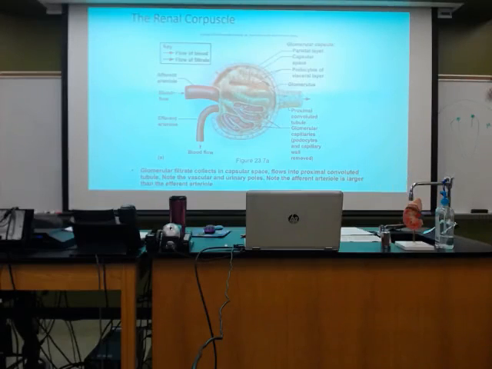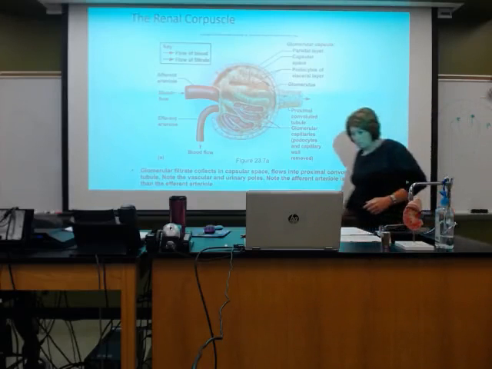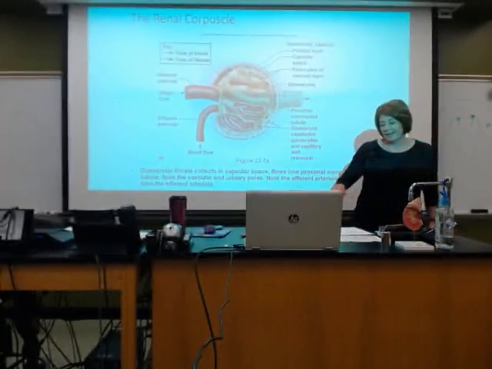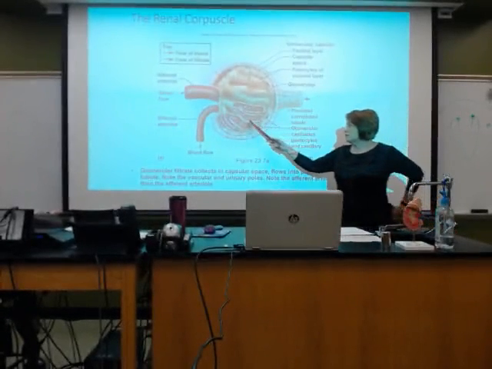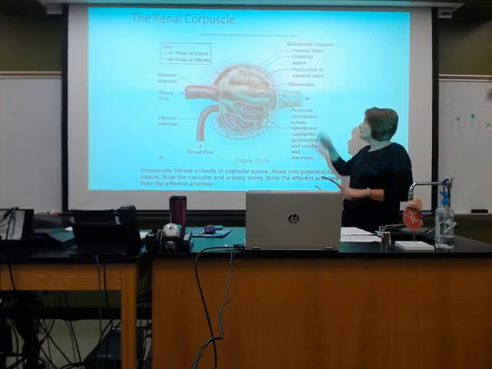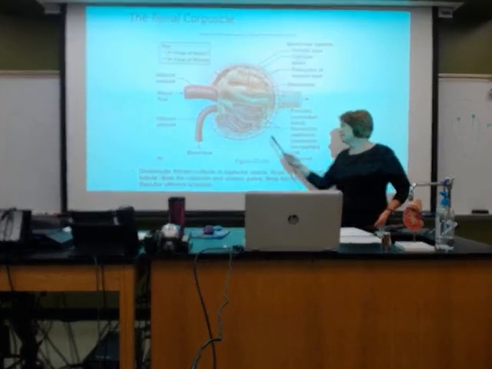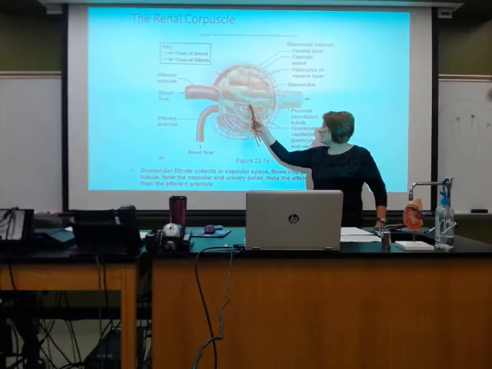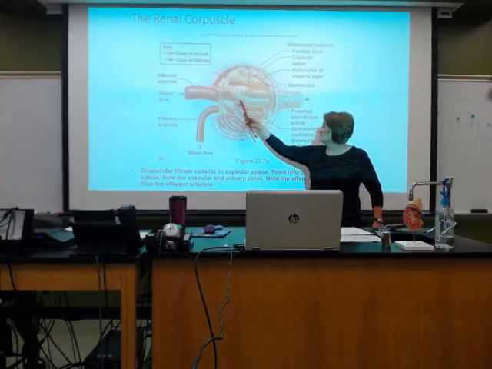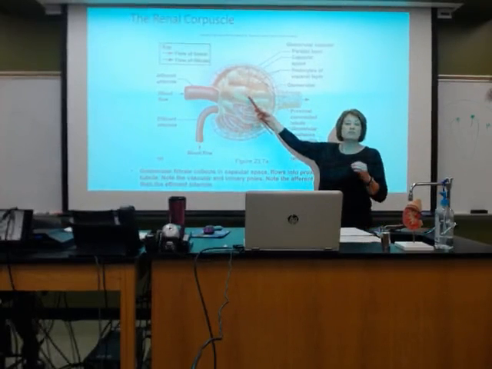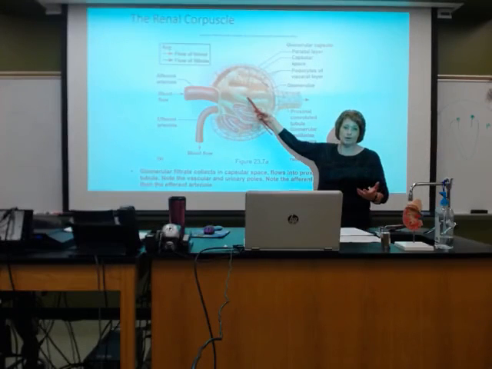Okay. So if someone was really sick and they had blood in their urine, what could be going wrong? Usually blood cells should be too big to push through all of this. However, the structure created between the simple squamous epithelium and the tissue wrapping around it with the podocytes is termed the filtration membrane.